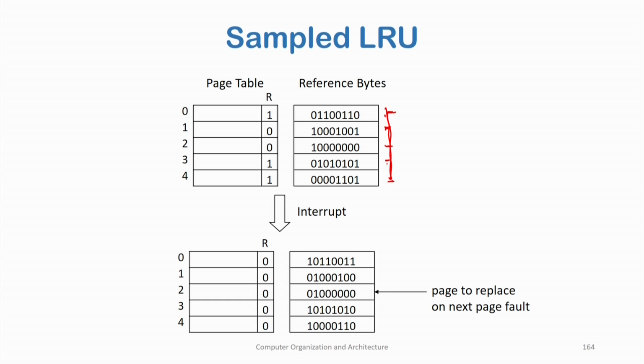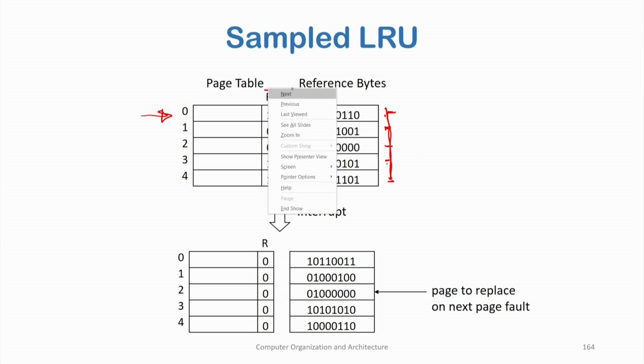That means for page 0, in this current time interval, this page was accessed. Page 1 was not accessed, page 2 was not accessed, page 3 was accessed, and page 4 was accessed. Then what happens?